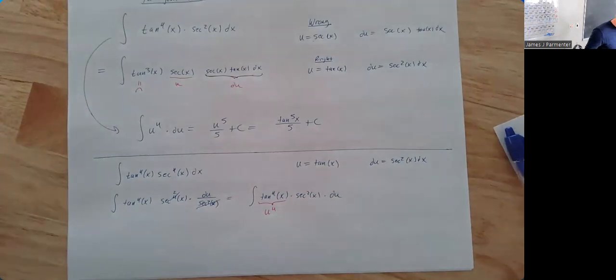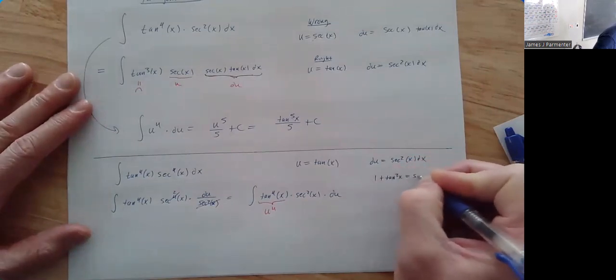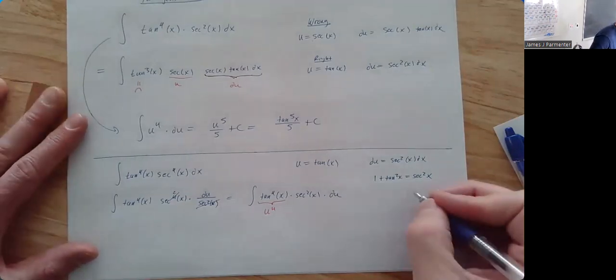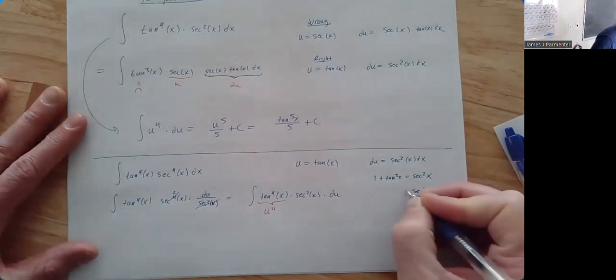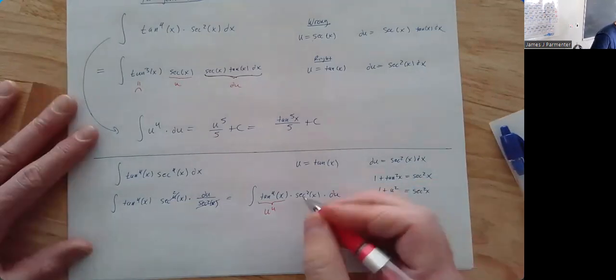Because then we can use my favorite trig identity. So secant squared x is equal to 1 plus tangent squared x, or in other words, secant squared x is equal to 1 plus u squared. So that's what's going to go right there.